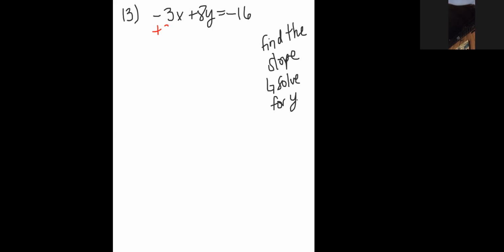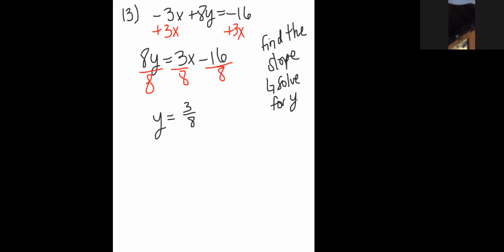So we're going to add 3x to both sides to get 8y equals 3x minus 16. And then you divide everything by 8 to get y equals 3 over 8x minus 2. So your slope is 3 over 8.